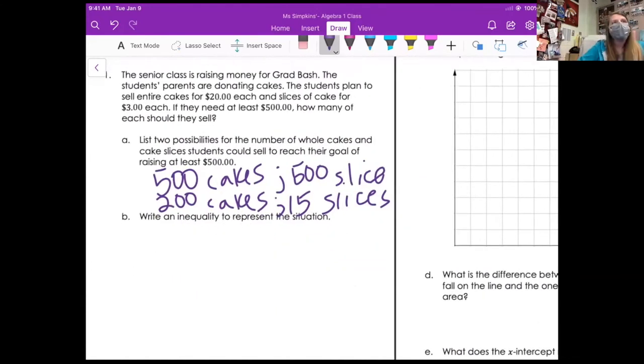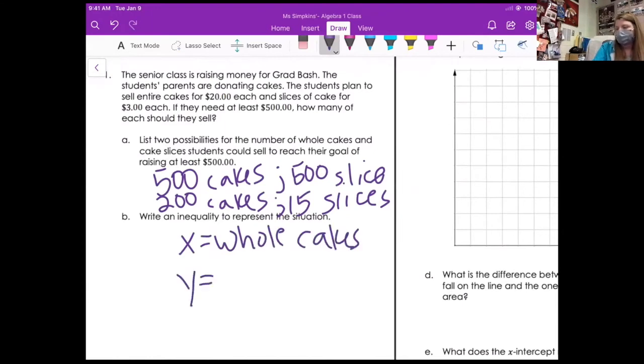So we're going to write an inequality. X is going to be whole cakes. And then Y is going to be slices. So for whole cakes, they cost how much each? 20.